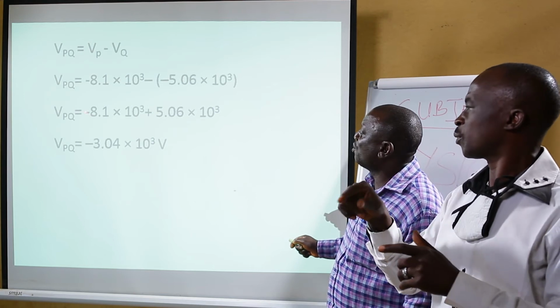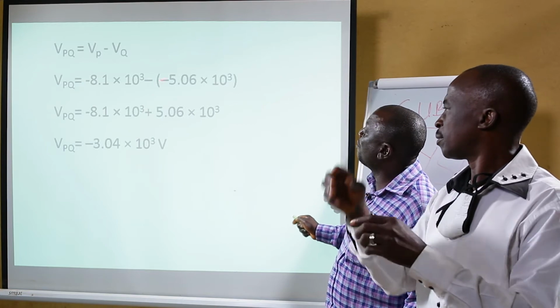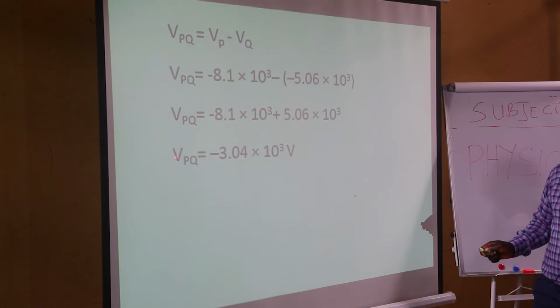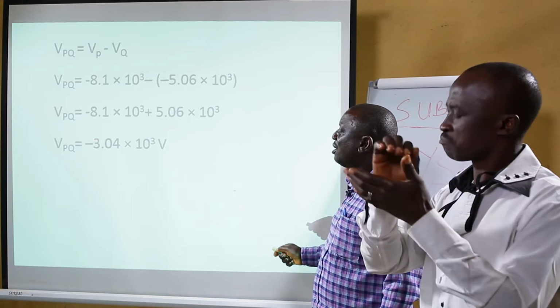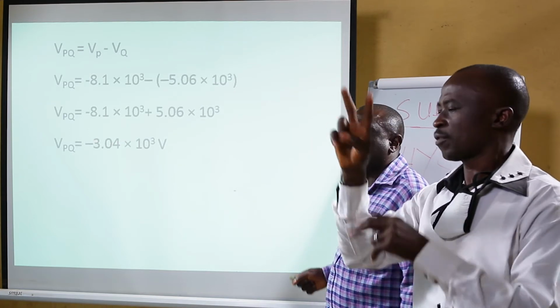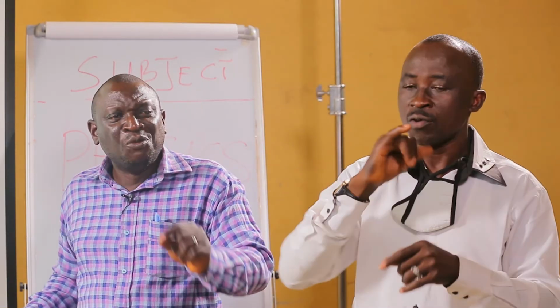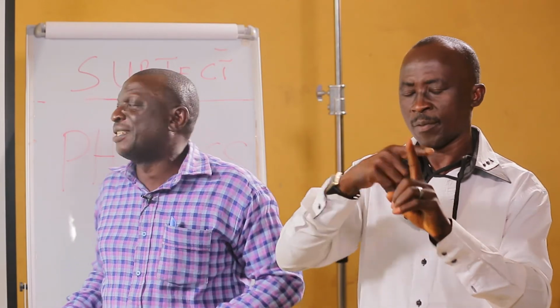Vpq now will be equals to minus 8.1 times 10 to power 3 plus, because if we open this bracket, minus times minus will be plus, so we have plus 5.06 times 10 raised to power 3. And finally, our answer will be Vpq equals minus 3.04 times 10 raised to power 3 volts. Just like we have said in our statement before, if Q is positive, V will be positive. If Q is negative, V also will be negative.